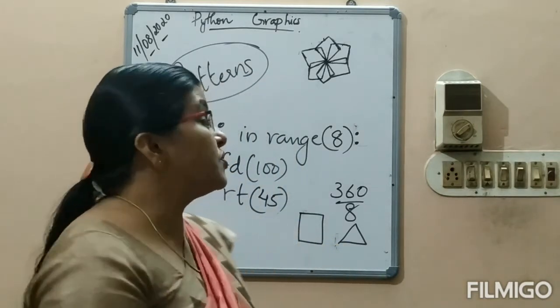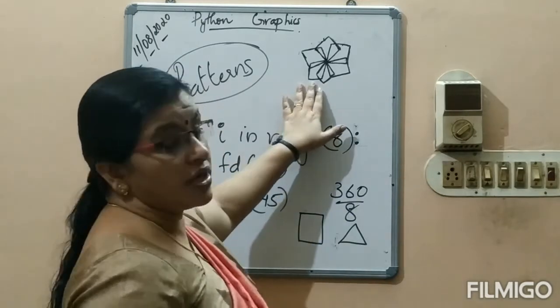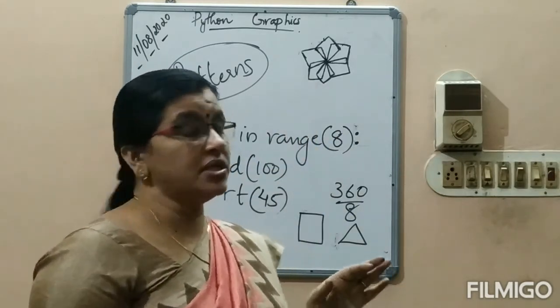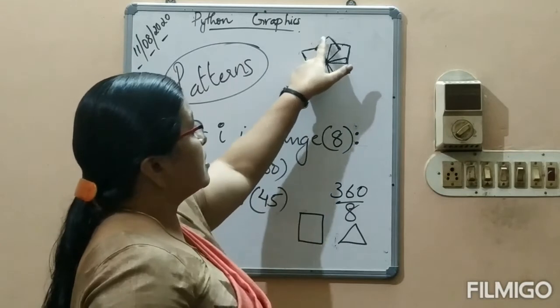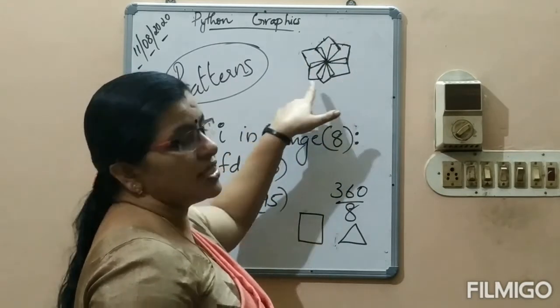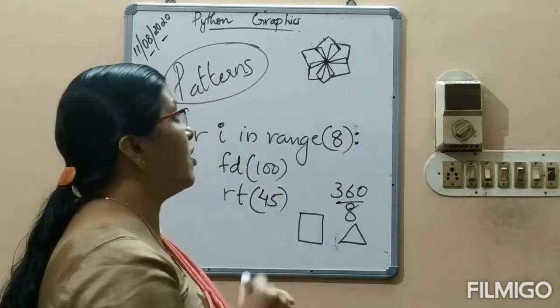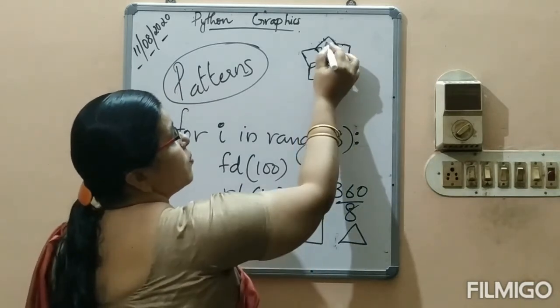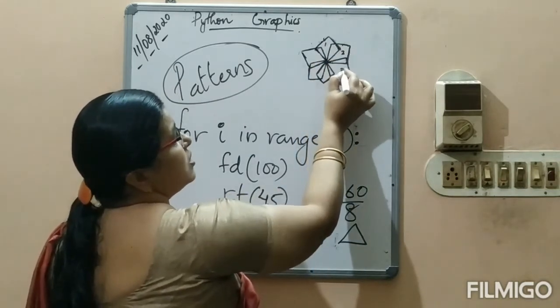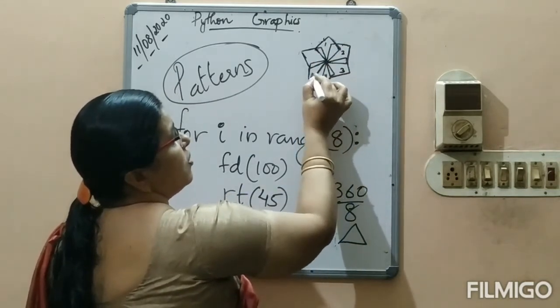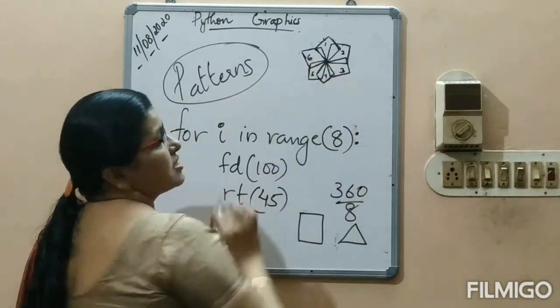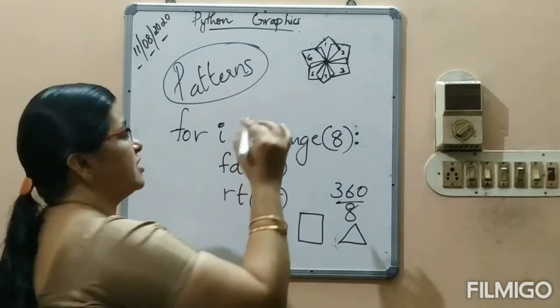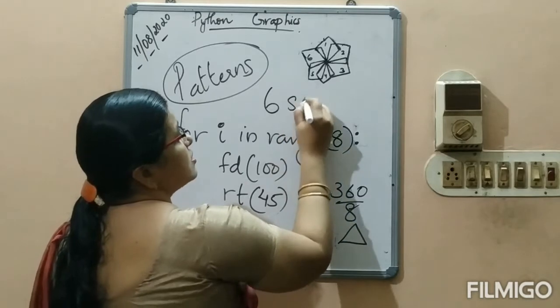But today we are going to learn what a pattern is. See, these are squares. Can you count and say how many squares are there? 1, 2, 3, 4, 5, 6. A 6 square pattern.